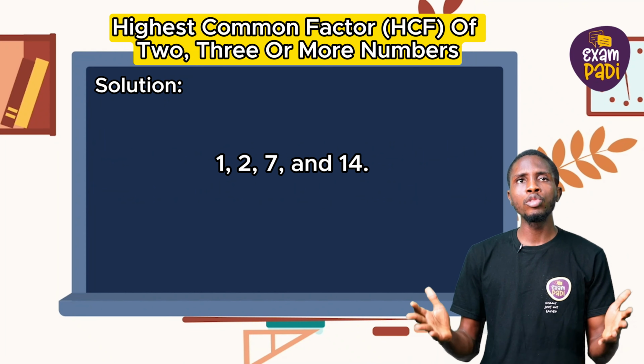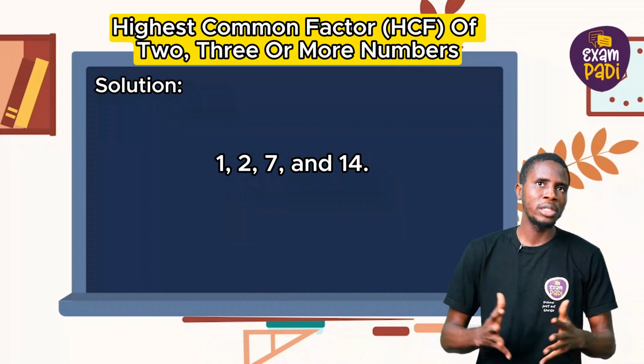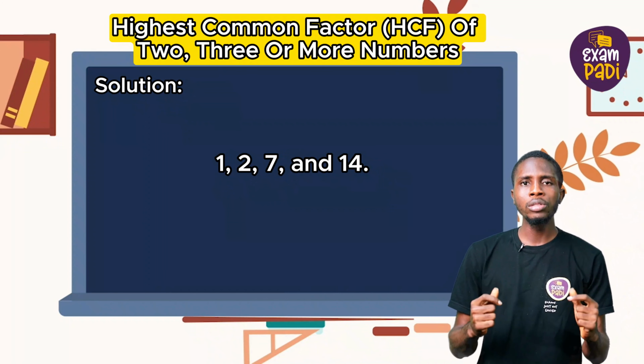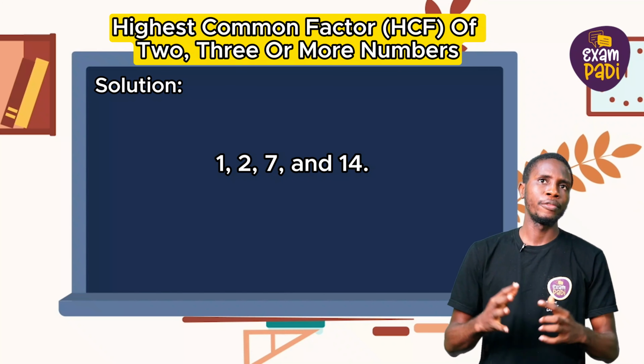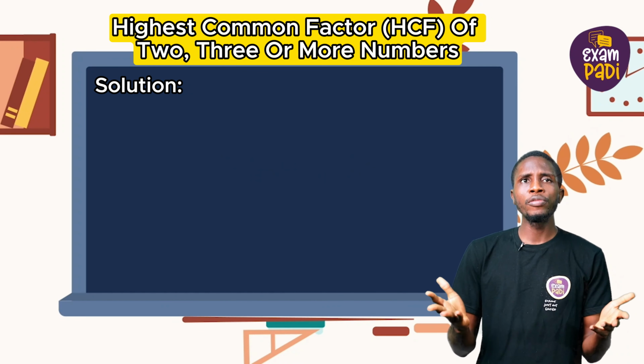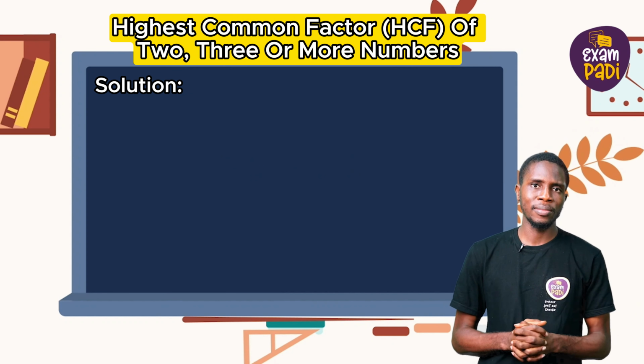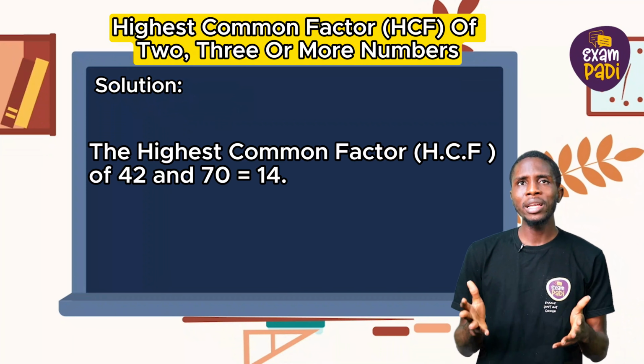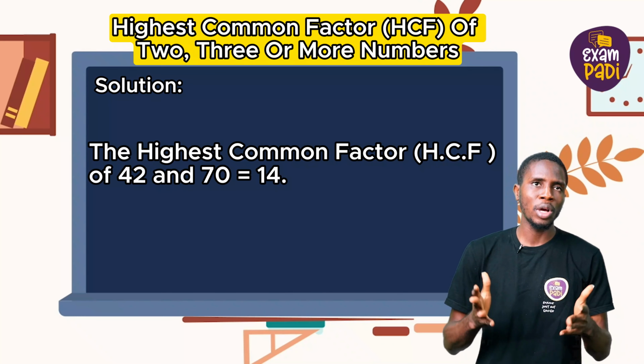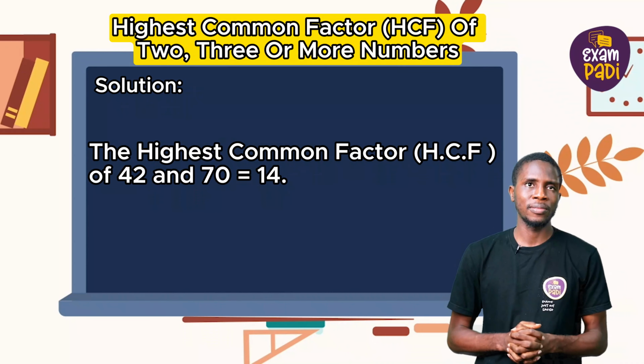The factors common to both numbers or found in the two lists are 1, 2, 7, and 14. The highest of the common factors here is 14. Hence, the highest common factor of 42 and 70 is 14.